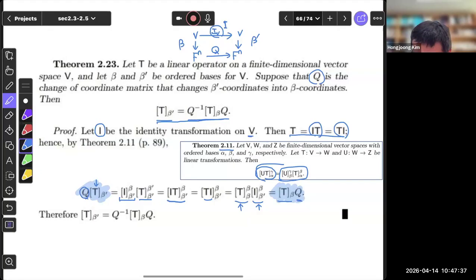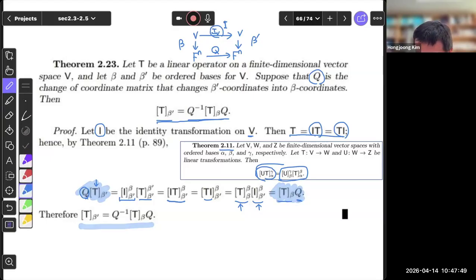So if I multiply by the inverse of Q, we get this. Actually, what I highlighted is more important: Q times this matrix will be the same as this.